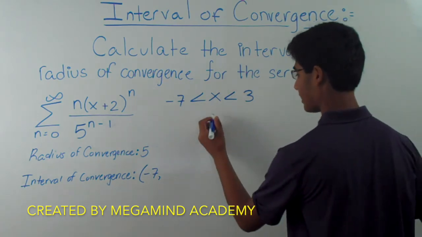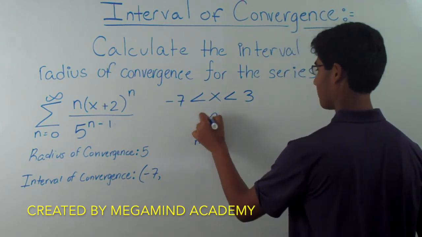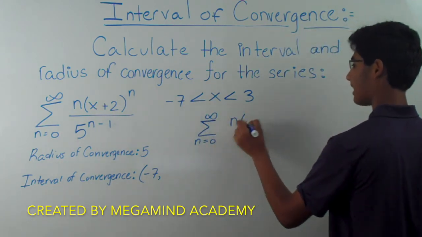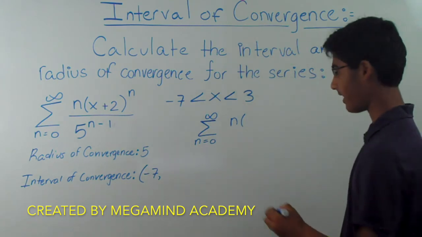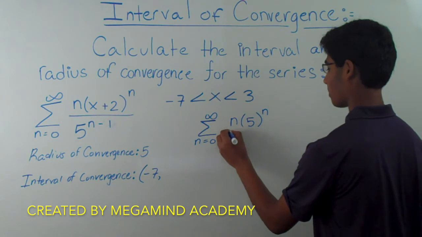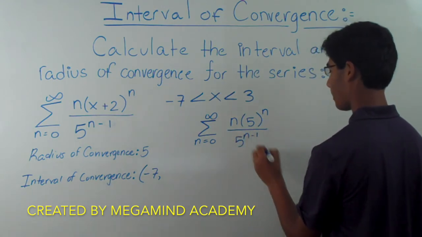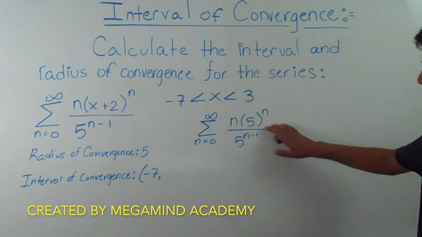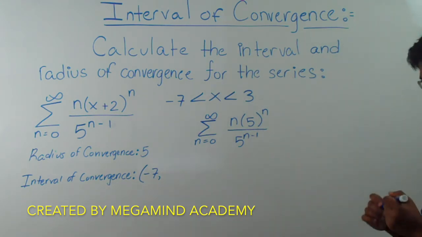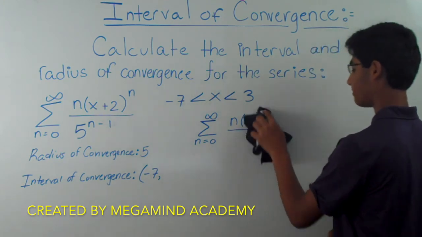So we have the series from n equals 0 to infinity of n times 3 plus 2, which is 5, to the n power over 5 to the n minus 1 power. So we have 5 to the n power over 5 to the n minus 1 power, which just becomes 5 in the numerator.